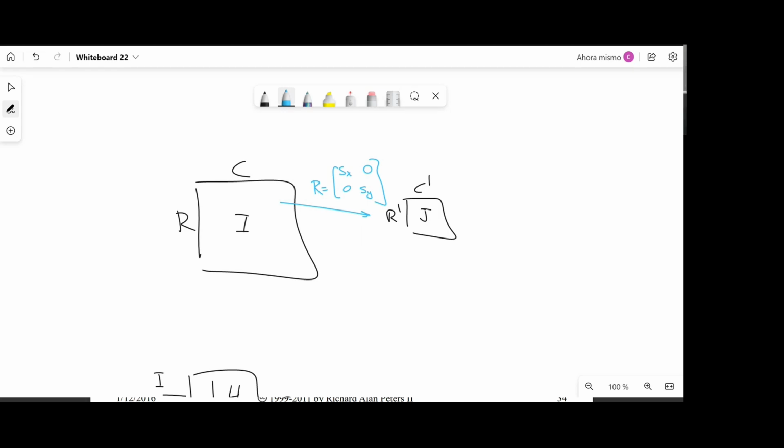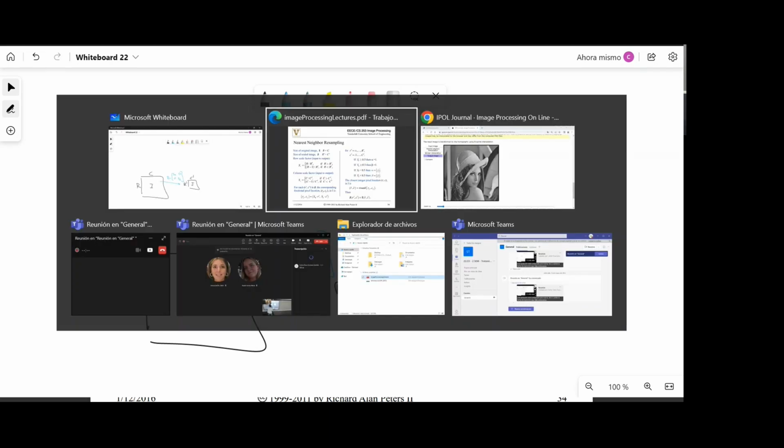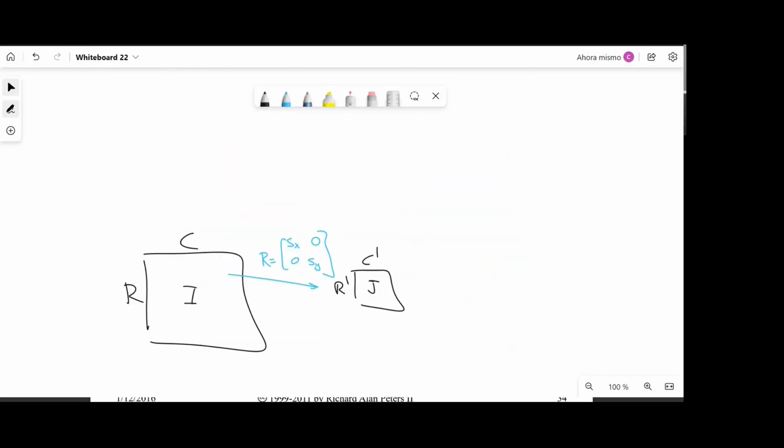Okay, so what is the scaling factor in X and in which direction they go? So they go in the direction, let us write it in the same way as we have done it here, C divided by C prime. So actually this goes in this direction, you'll see why now.